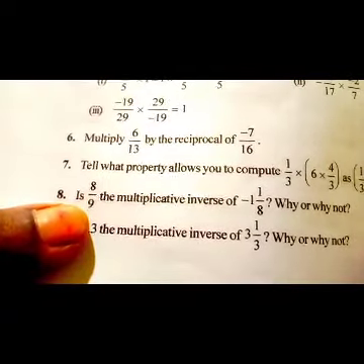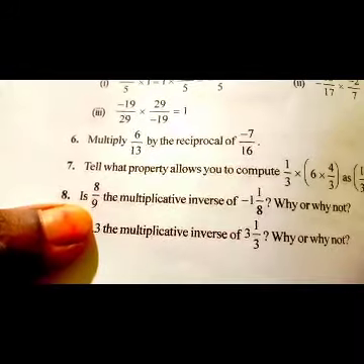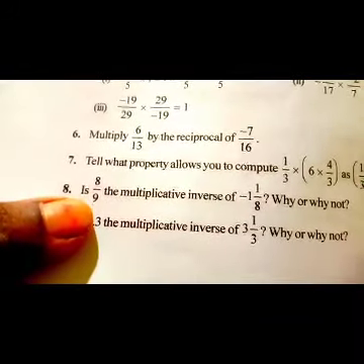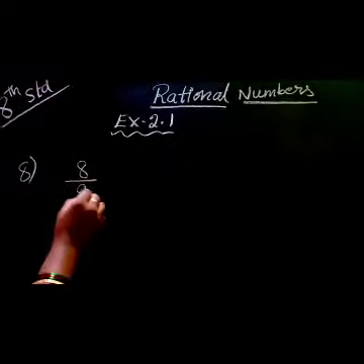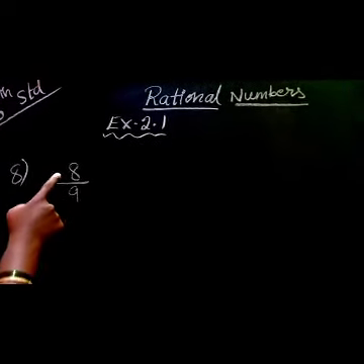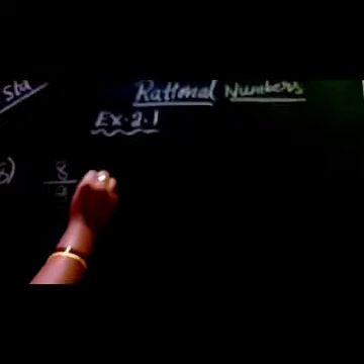Eighth question is 8 by 9 is multiplicative inverse of minus 1 by 8. Why or why not? Multiplicative inverse of any number, that is, you should not change sign and you should change numerator as denominator, denominator as numerator.